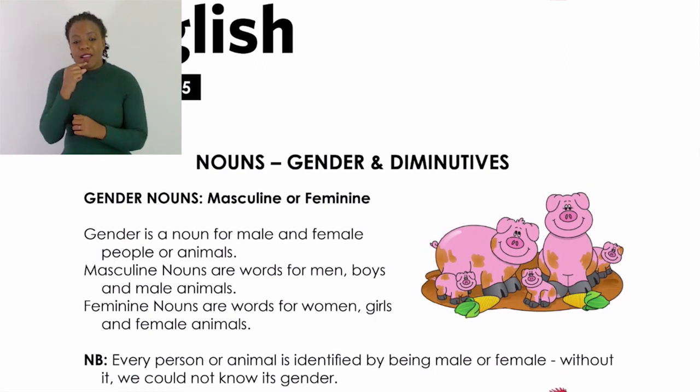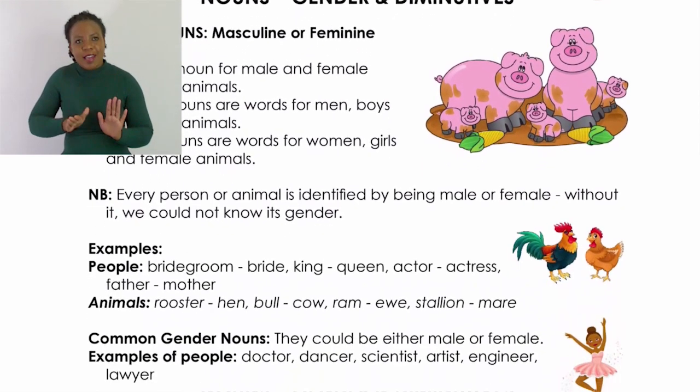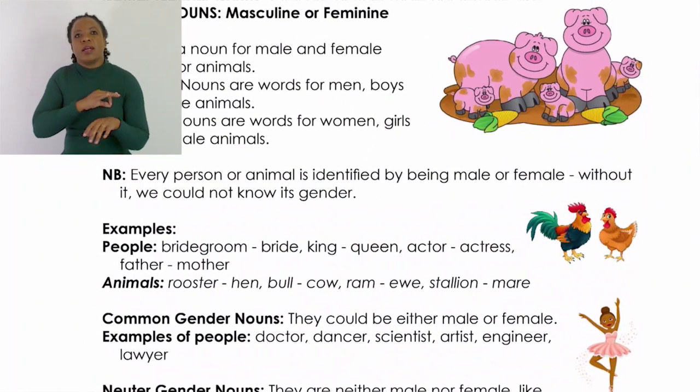You talked about proper and common nouns. Feminine nouns are words for women, girls, and female animals. Those are feminine nouns. Masculine nouns are words for men, boys, and male animals. You must note this or understand, remember this.